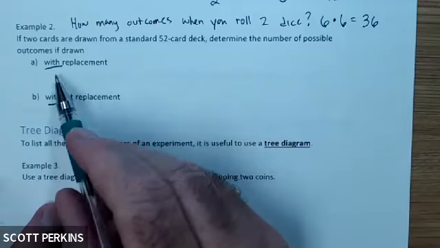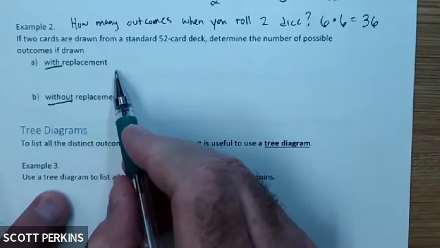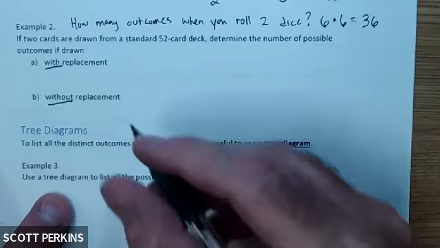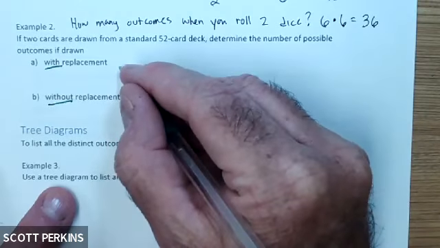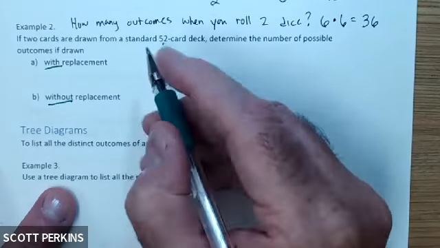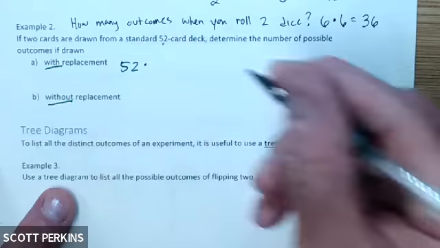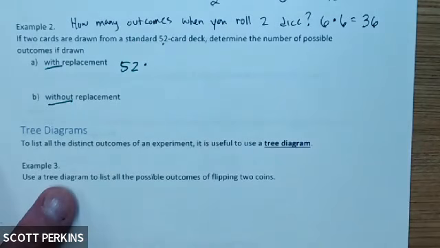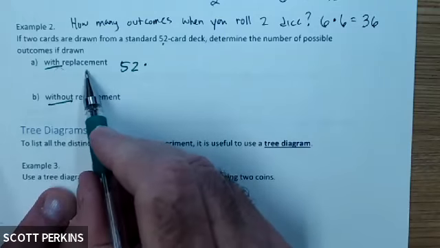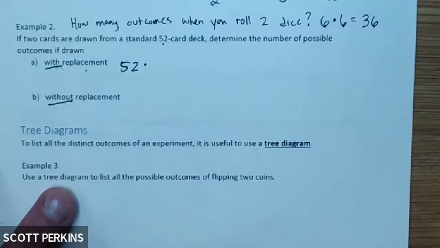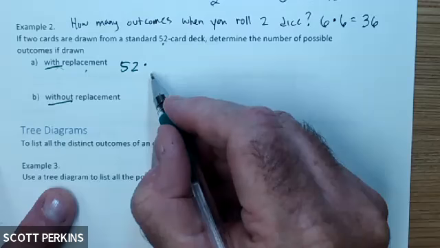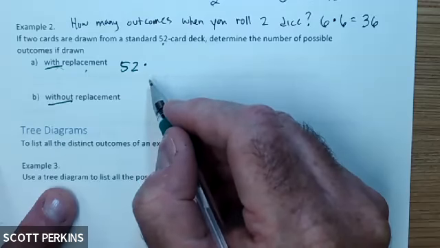Well, if we do this with replacement, how many cards are possible with my first draw? There's 52 cards in the deck, so 52 times. Now I'm pulling it out, I'm noticing what it is, but then I'm doing this with replacement. So now how many options are possible with my second draw? 52, right?